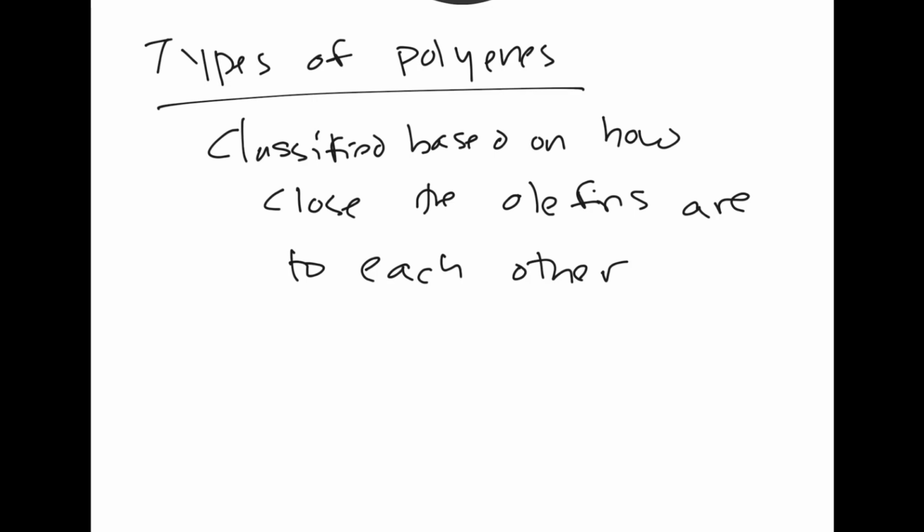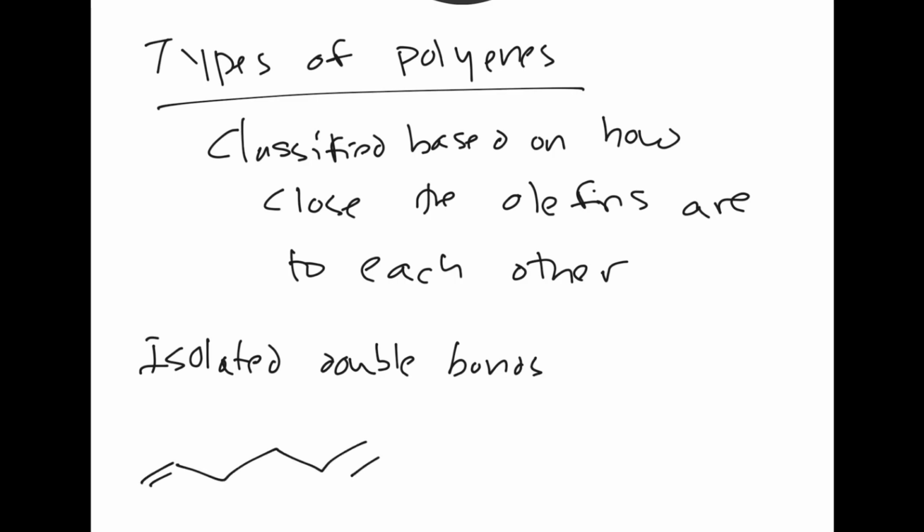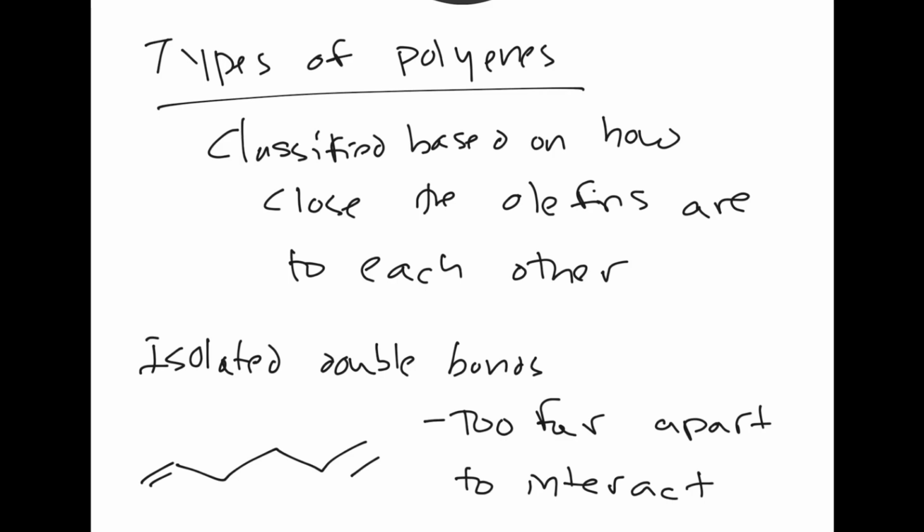And these are going to be classified based on how close the olefins are to each other. We have the simplest type, which are isolated double bonds. And isolated double bonds are too far apart to interact. So if there's more than one single bond between your double bonds, they are isolated.